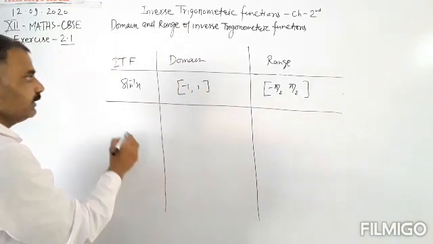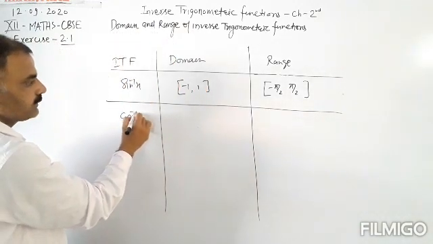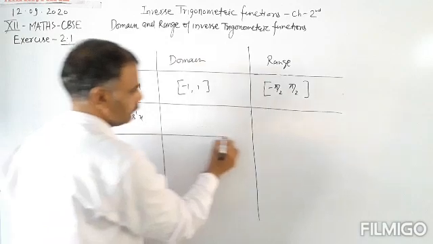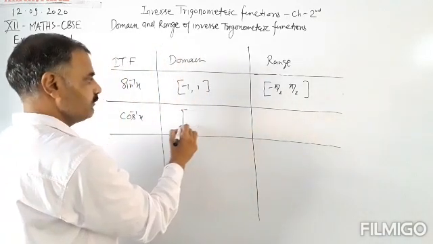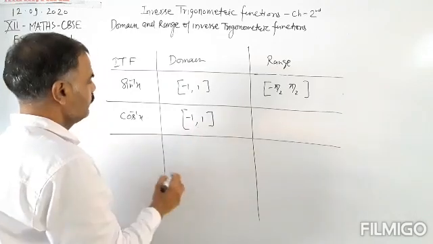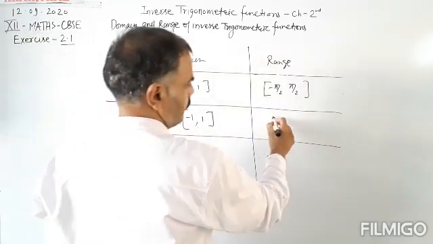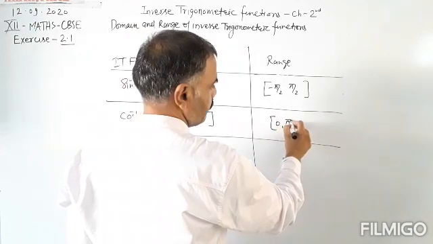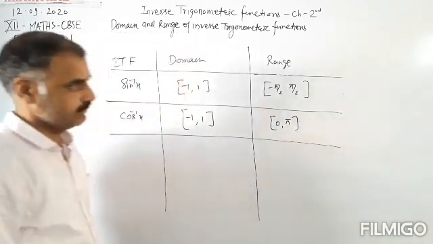Then cos inverse x, its domain is the same as the domain of sine inverse x, that is the closed interval minus 1 to 1, and its range is closed interval 0 to pi.